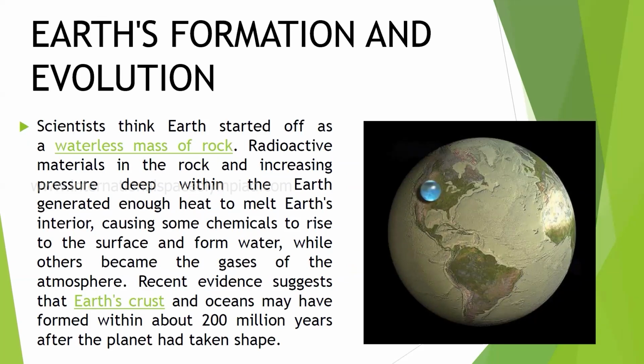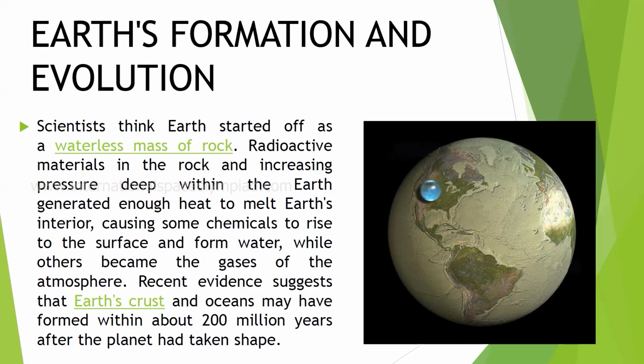Scientists think that Earth started off as a waterless mass of rock. In the previous slide, we said that it was formed some 4.6 billion years ago. But now we know that when it was forming, water was not present on its surface.